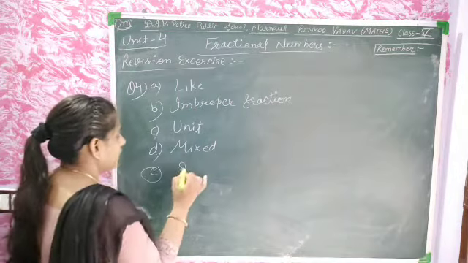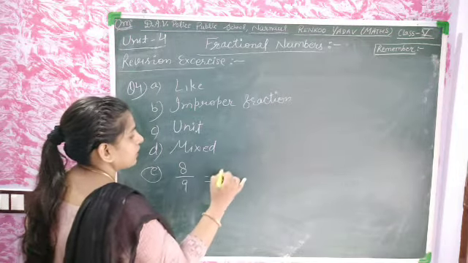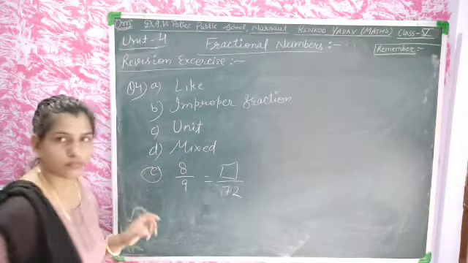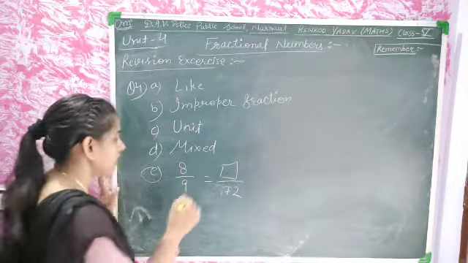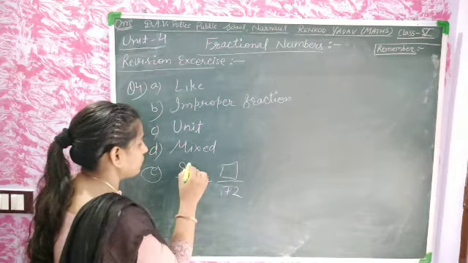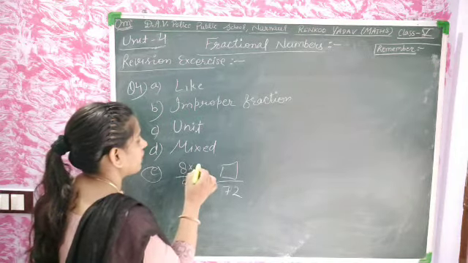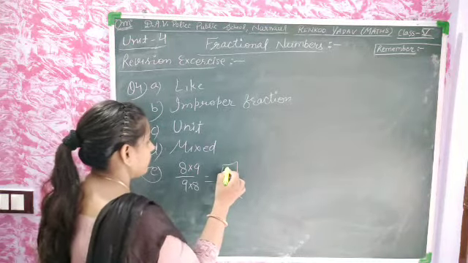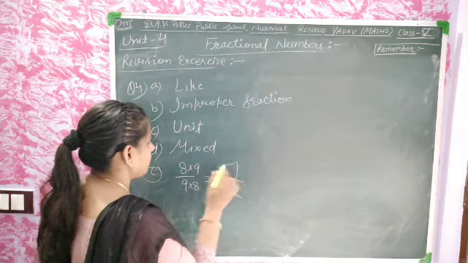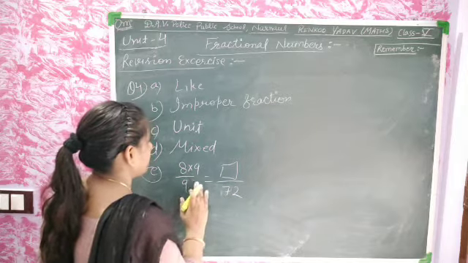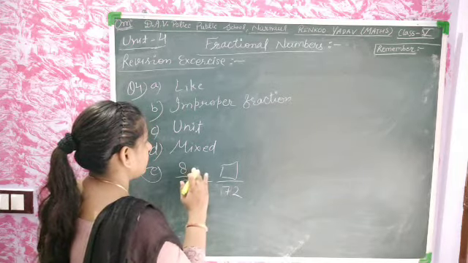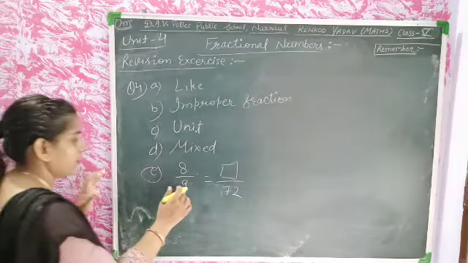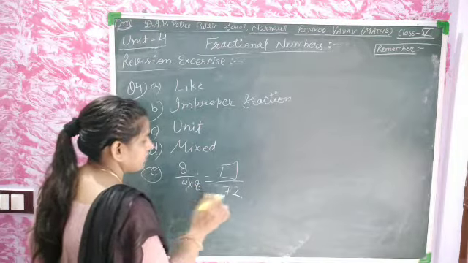8 by 9 is equals to, there is a blank here and divided by 72. Yes, what will we get here? 9 8s are 72, and what will we get here? 9 8s are 72.